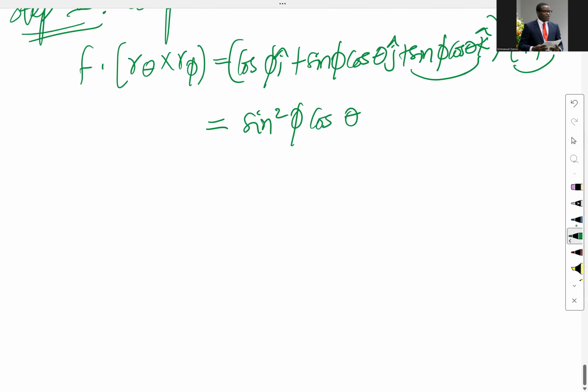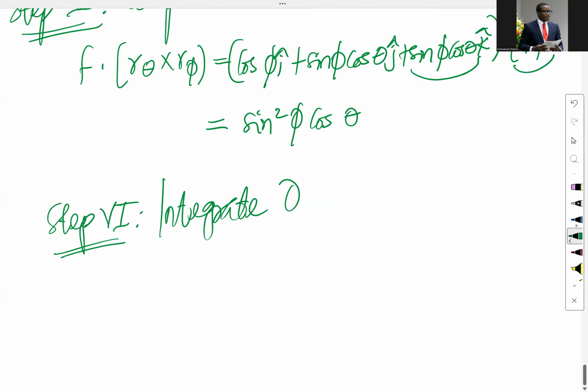So we have step 6. Oh, that's not how to write 6, right? That's step VI, step 6. So we integrate over the surface.